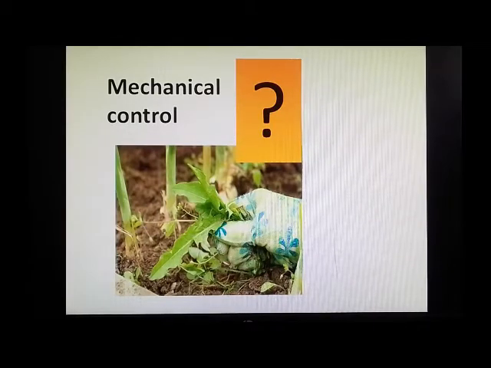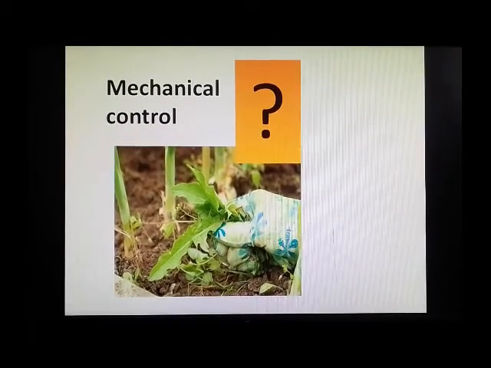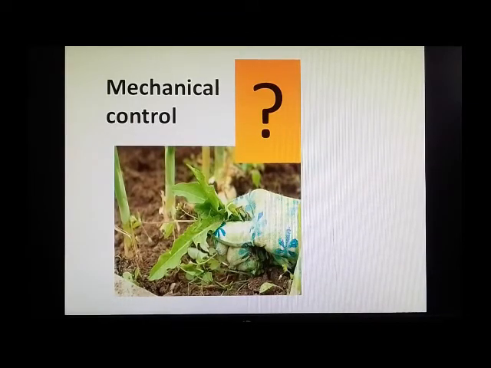So that is referred to as mechanical control. Now under this mechanical control there are many strategies which can be adopted and which are adopted by the farmers even. So let's discuss one by one regarding those.